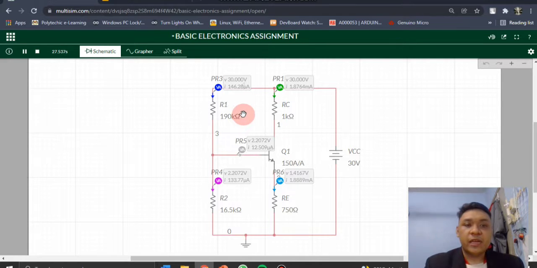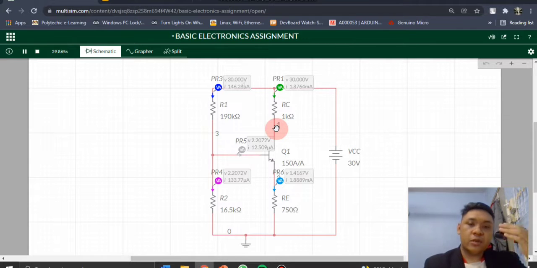And then the next step is step 5. We need to find the current through RE, the current through resistor RE. So the formula is IC, the current that goes through RC, plus the current that goes through IB. So the formula is IC plus IB. Why?